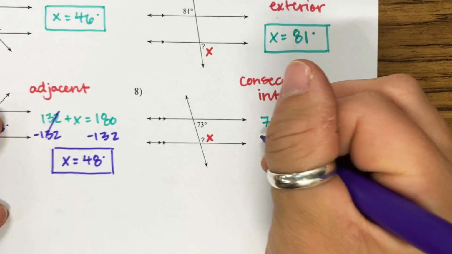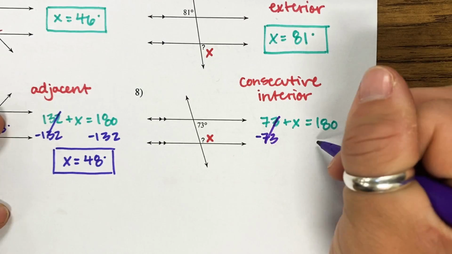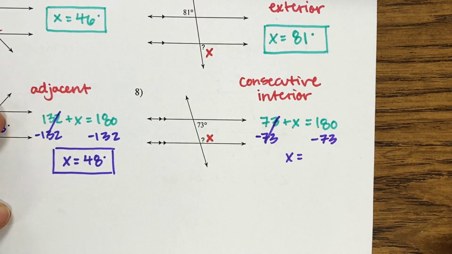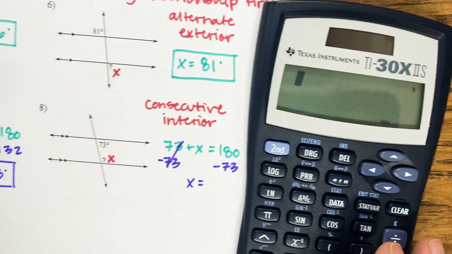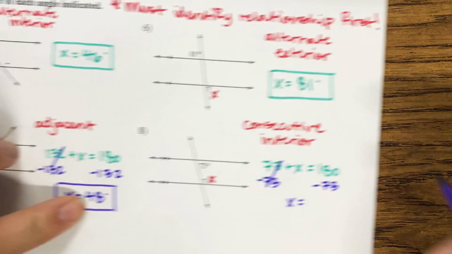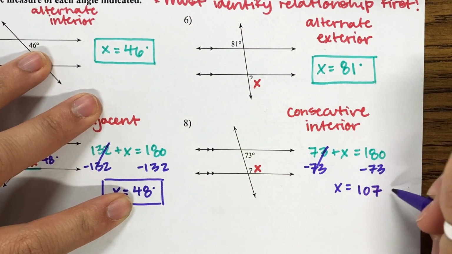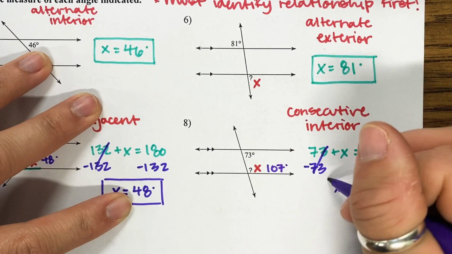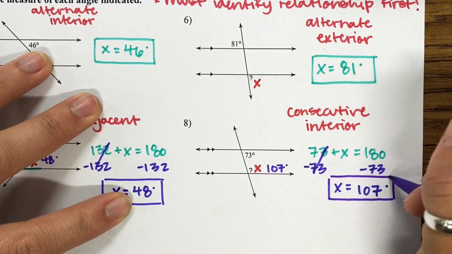I'm going to subtract 73 from both sides. So I get X all by itself. What is 180 minus 73? 180 minus 73. We get 107 degrees. And there we go.